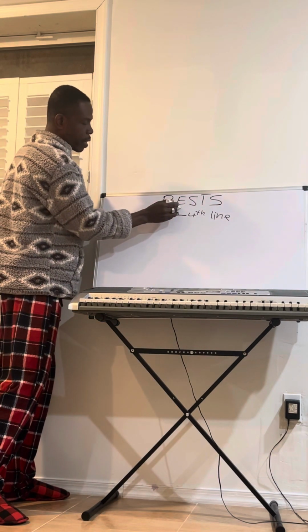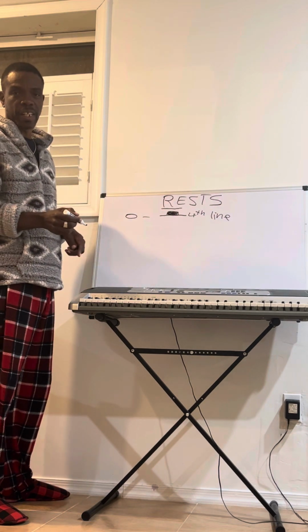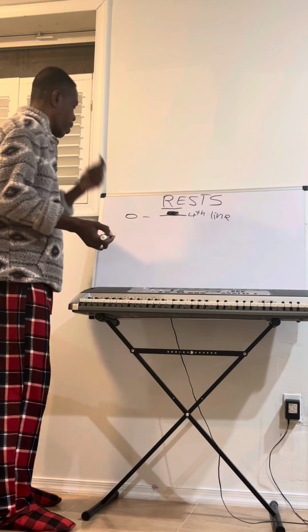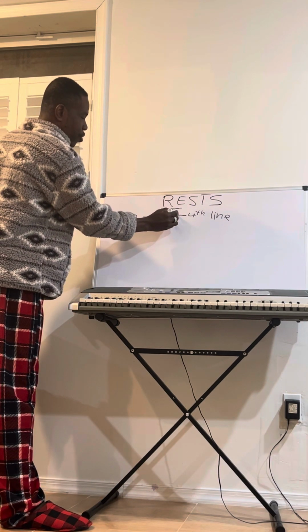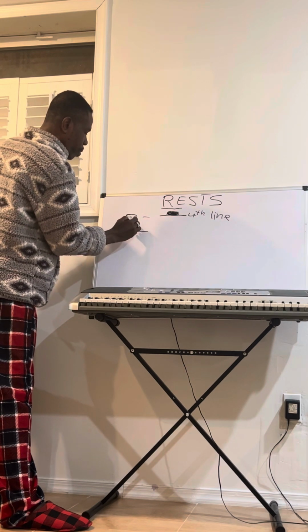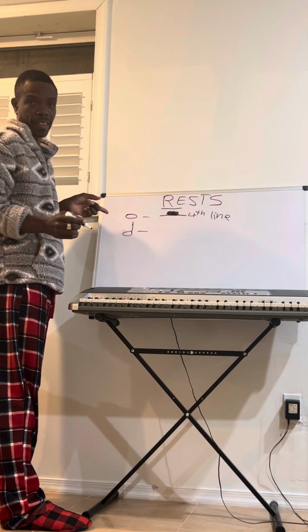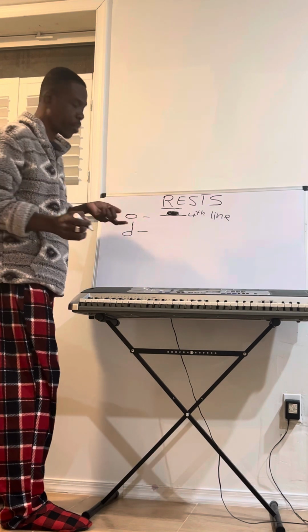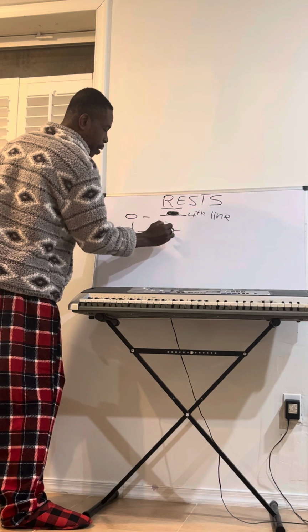The 5th line would be somewhere there, so it wouldn't touch the 5th line. You'll see it in your workbook. So this is the rest, it's something like that, and it's shaded. Of course, the name is semibreve rest. It takes its name from the note.